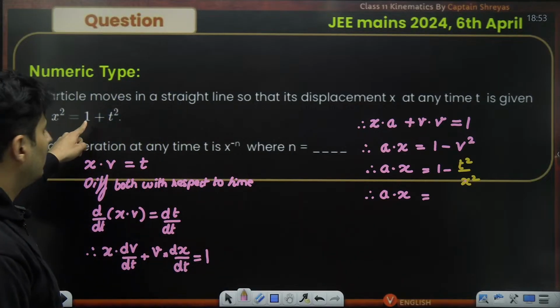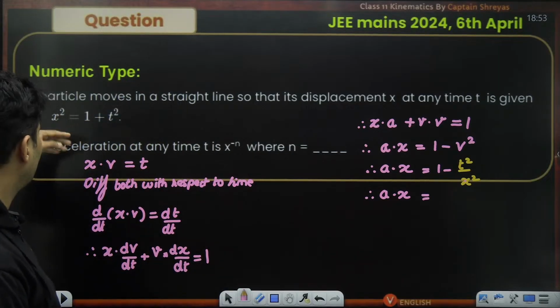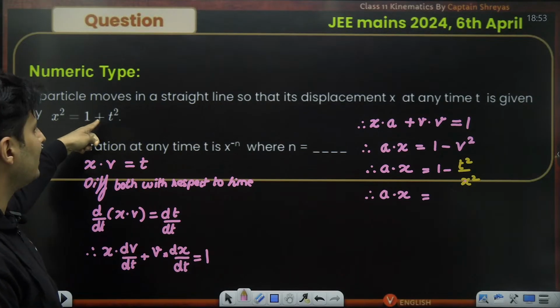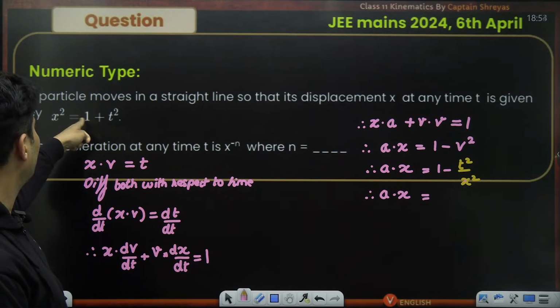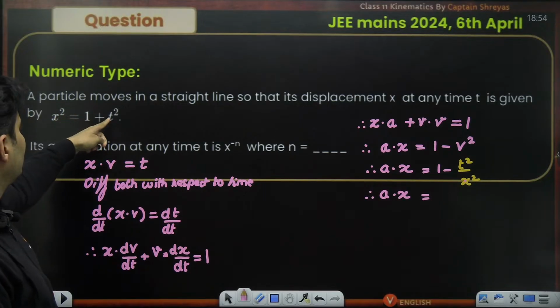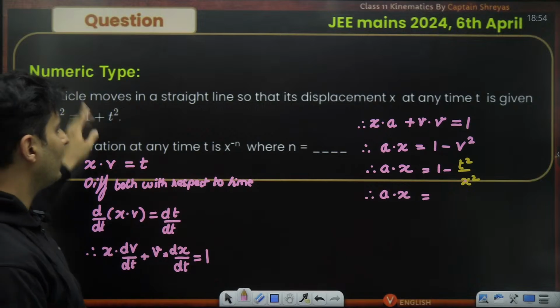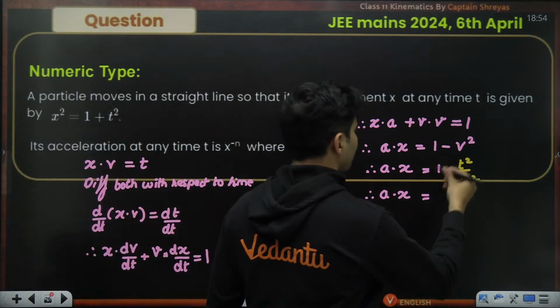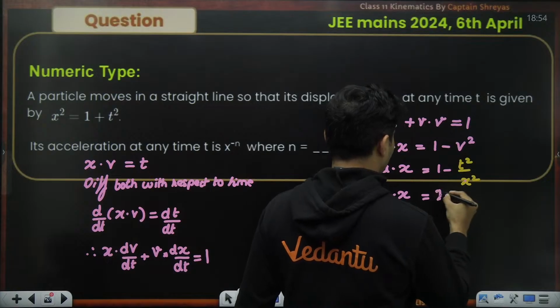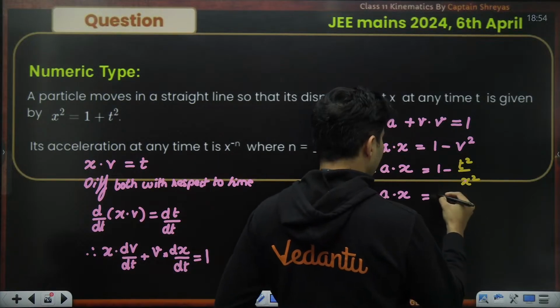Oh, I have over here all these things. I can see t square is x square minus 1 over here. Can you see that? We can do something over here. Just take the LCM.